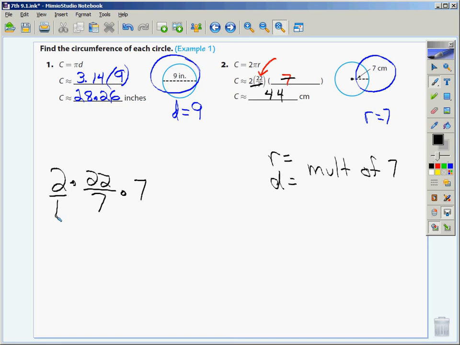This is over 1. This is over 1. And from numerator to denominator, what can I do? I can cross cancel, right? These go away. All my denominators become a 1, so I don't really need them. And I've got 2 times 22 times 1, which is why I get 44.